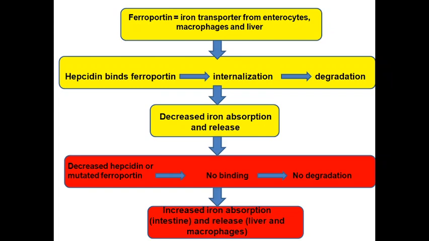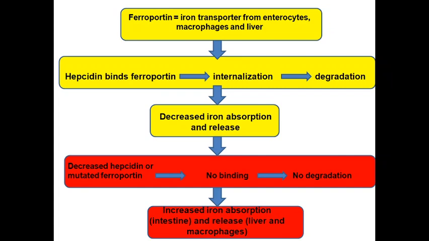This diagram shows that ferroportin is nothing but an iron transporter from enterocytes, macrophages, and liver. When hepcidin binds ferroportin, it causes its internalization and its degradation. That would decrease iron absorption and release, and consequently decrease the plasma iron level.